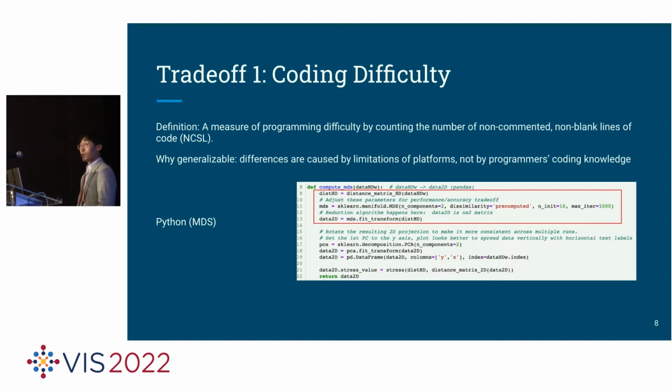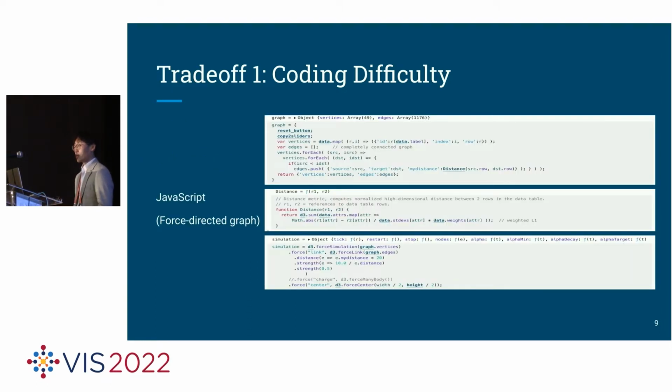For example, to perform MDS in Python, only 3 lines of code are enough, by taking advantage of the Python package scikit-learn. However, for JavaScript, we usually use a force-directed graph to achieve the same goal. Much more code is needed.